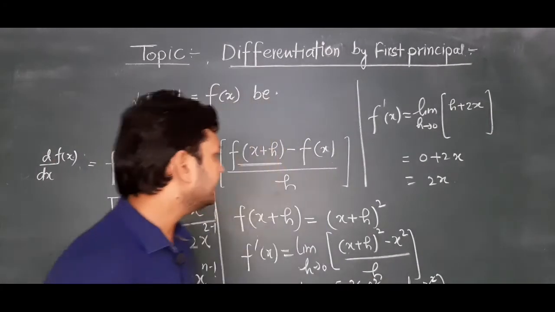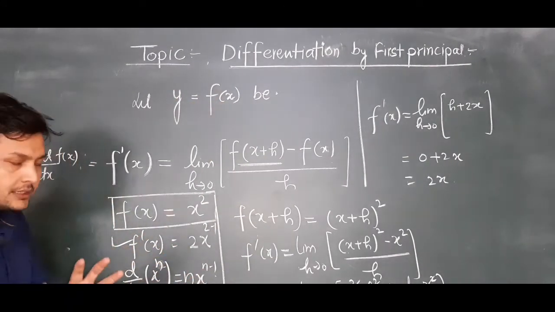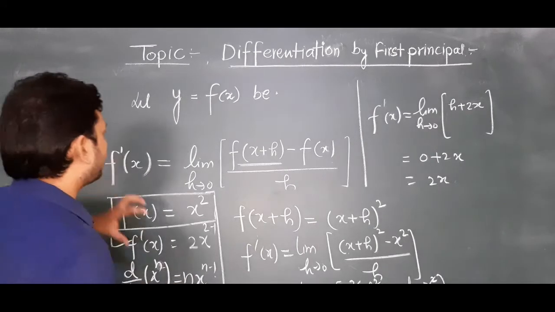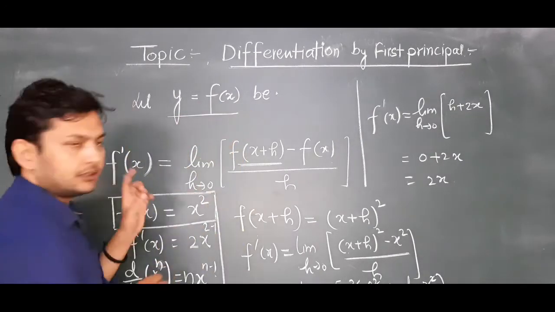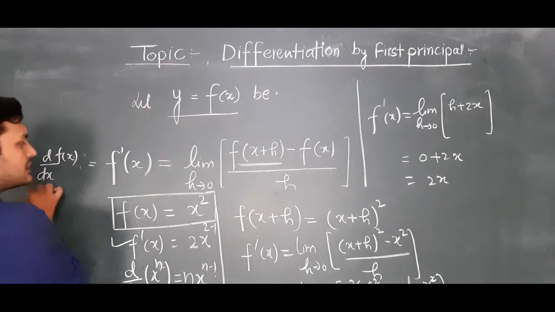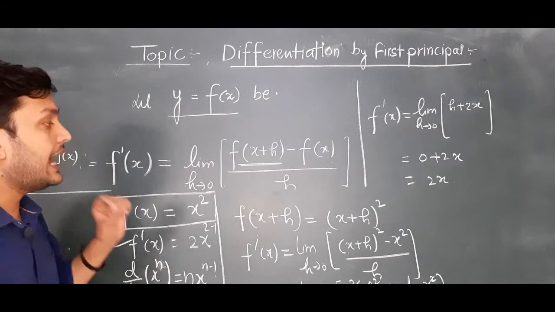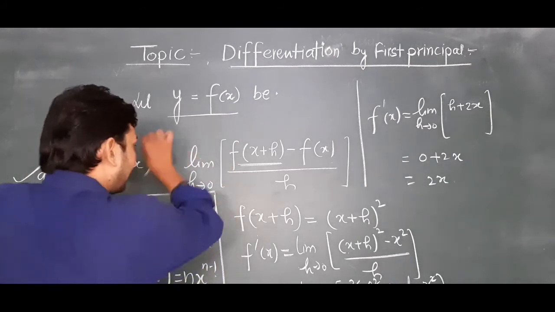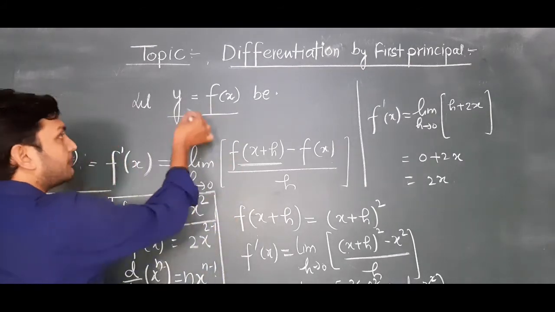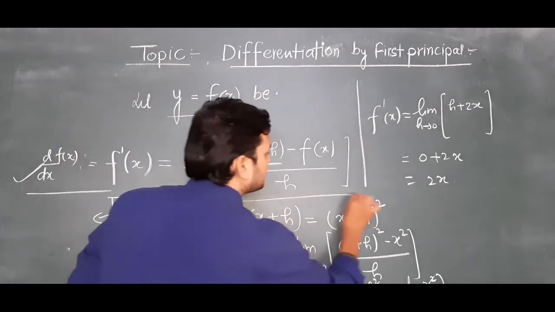It is very easy. The two things you must remember: first of all, you should have a function. And the second thing, you must remember the formula for the first principle. And the third thing, after writing everything, using f(x) or whatever function is given, find f(x + h).